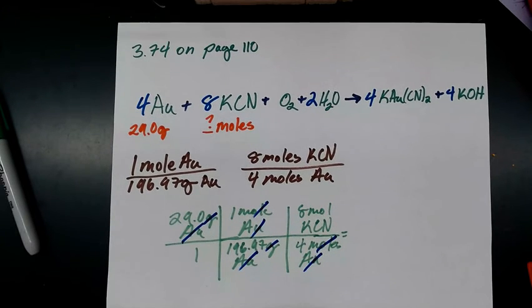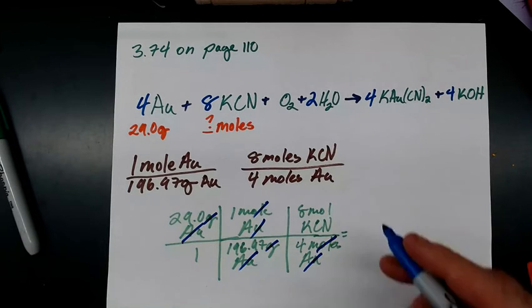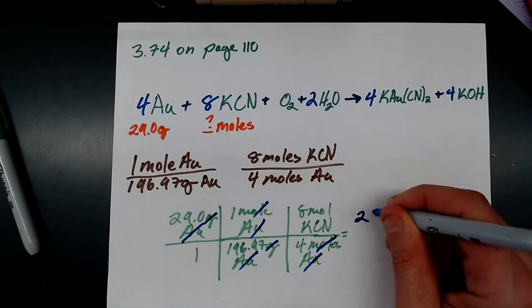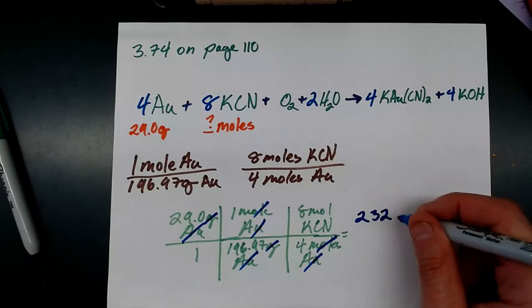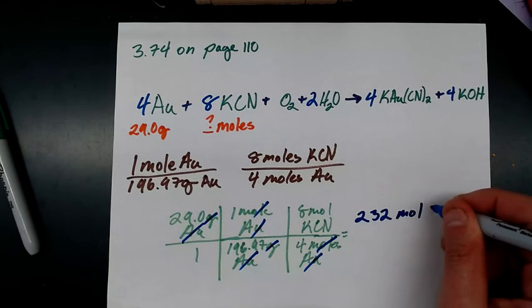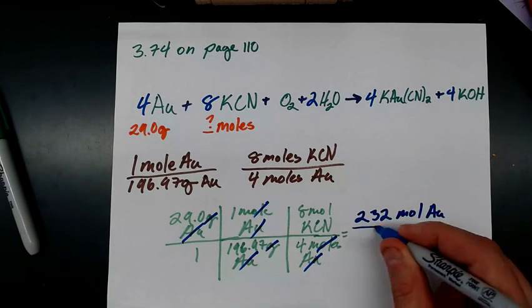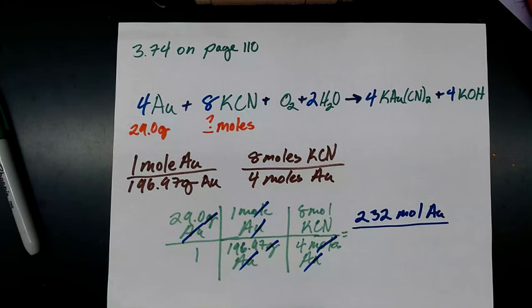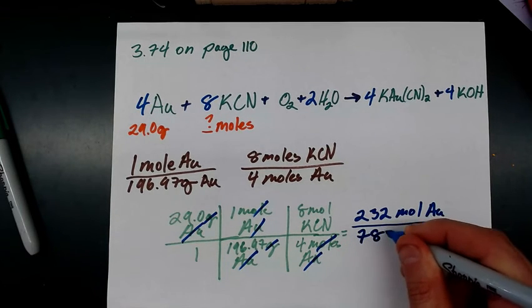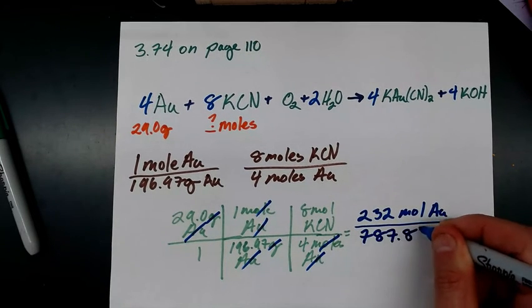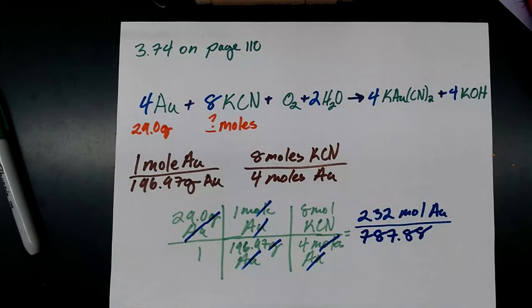So when I multiply across, I get 29 times 8, and that is 232. And that's going to be in moles of AU. That is going to be divided by 196.97 times my 4. And that's going to give me 787.88. Remember, no units since we crossed everything out.